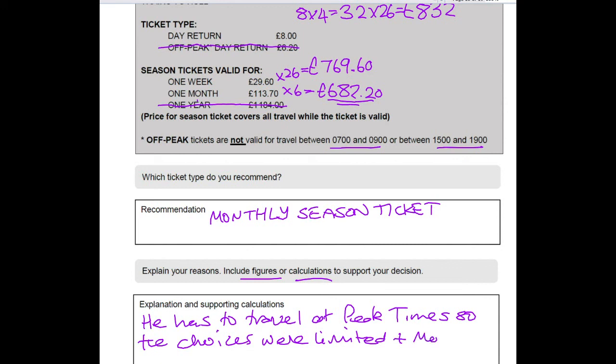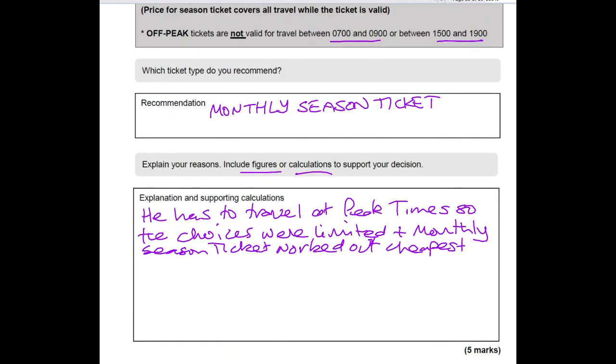And the monthly season ticket worked out cheapest. And for the calculations, the recommendation and the explanation, that is worth 5 marks.